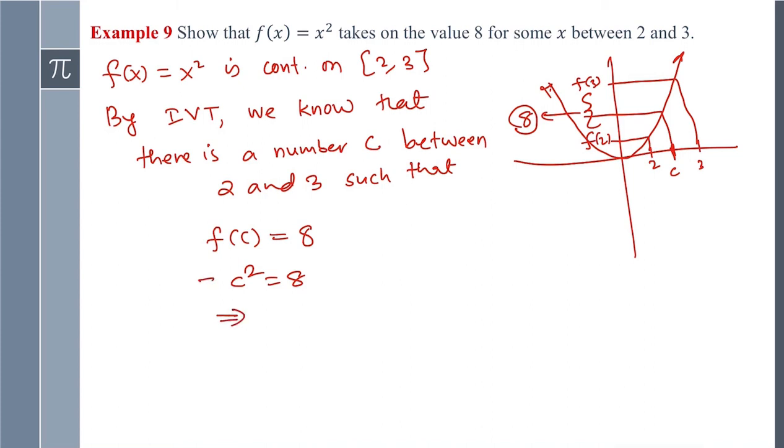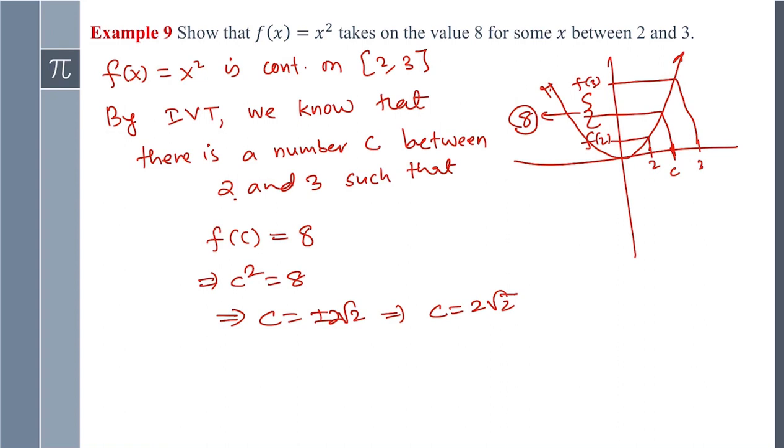This implies that c equals positive or negative 2 square root of 2, because it's the square root of 8. We cannot have negative because we are assuming that c is between 2 and 3, so it has to be positive. So this implies that c equals 2 square root of 2. And then let's check 2 square root of 2.